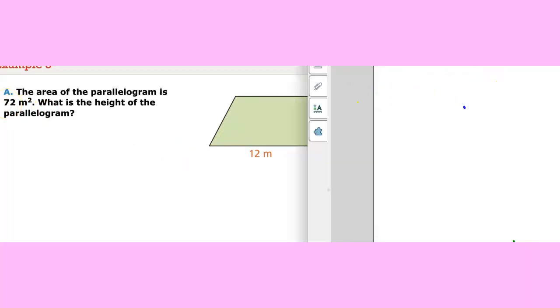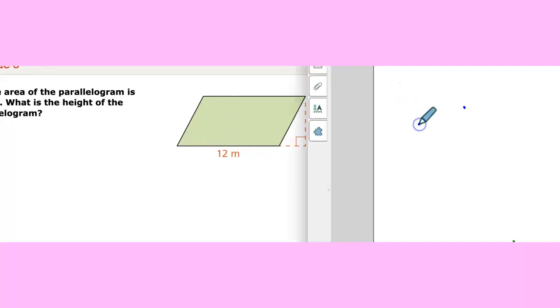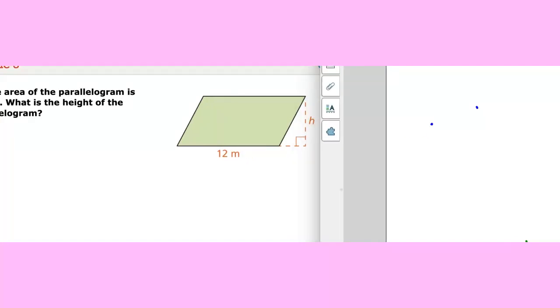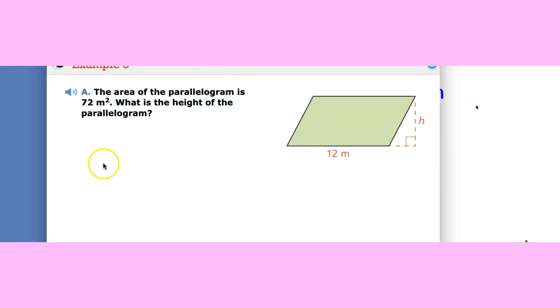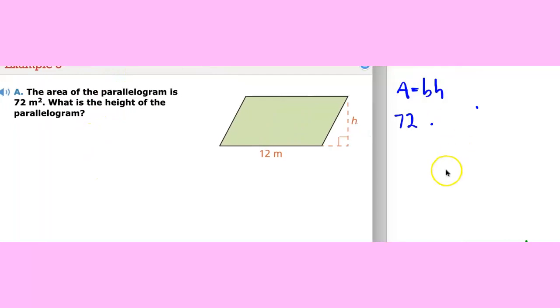We know that the area is base times height. We still have that formula, and the 72 is in square units of the area.